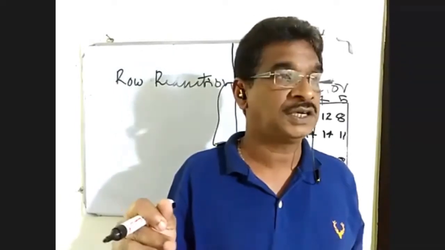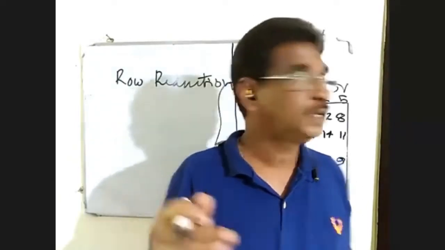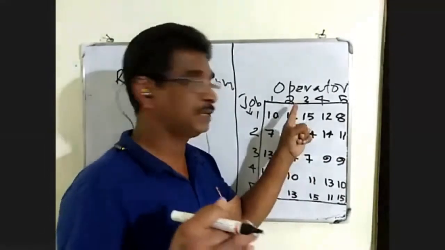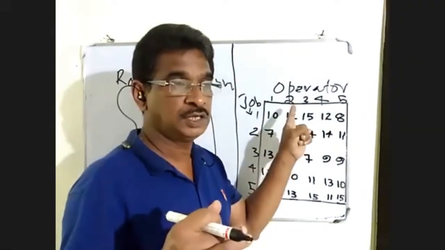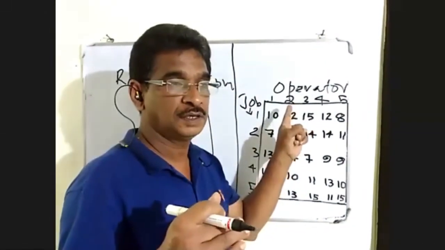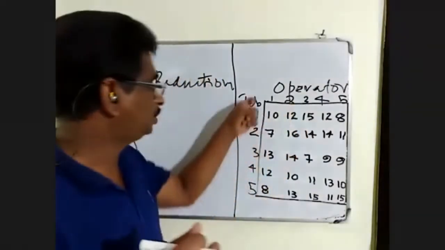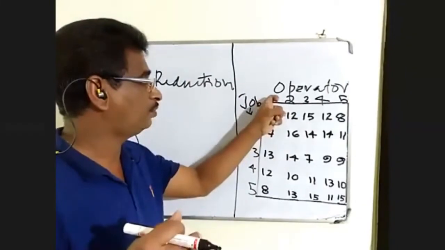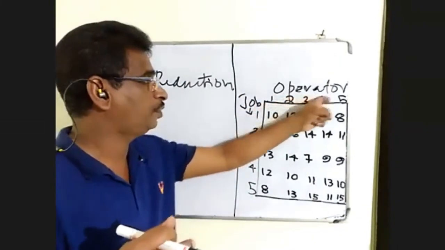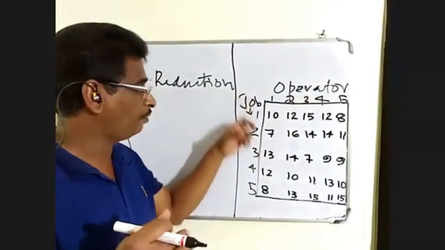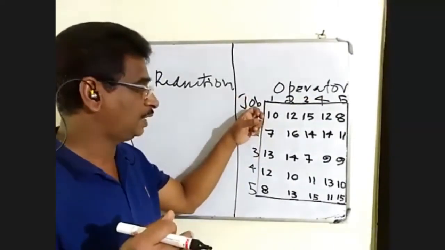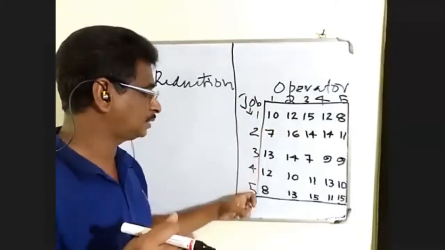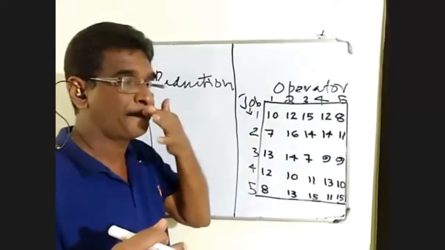Here also a matrix is given. You can see the matrix. So you can see jobs 1, 2, 3, 4, 5, and operators 1, 2, 3, 4, 5. Or we can think of subjects, HR, finance, marketing, etc., and these are the teachers.